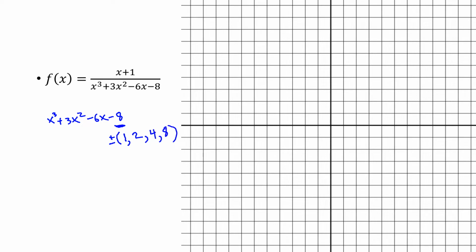So those are all the possibilities of what we could use if we wanted to factor 8. We notice that the numerator here is 1, and the only factors of 1 would just be 1.